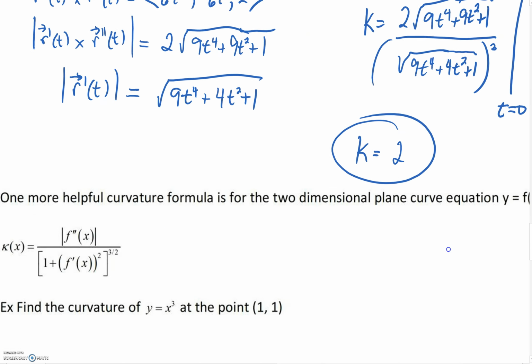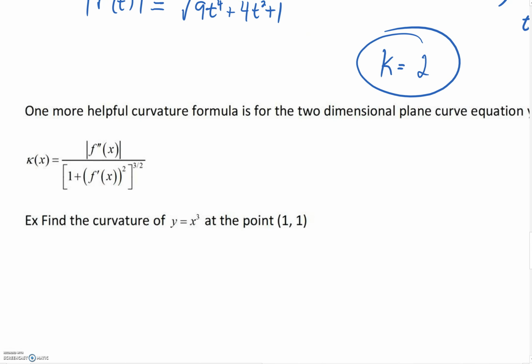One final curvature formula is very helpful because this one is going back to function mode, and in function notation, it's the two-dimensional plane curves that we know so well. So, this is our f right here.